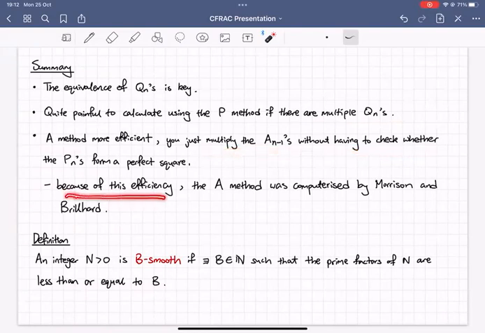And then because of this efficiency, the A method was computerized by Morrison and Brillhart. So now let's move on to their algorithm, which computerizes the A method.